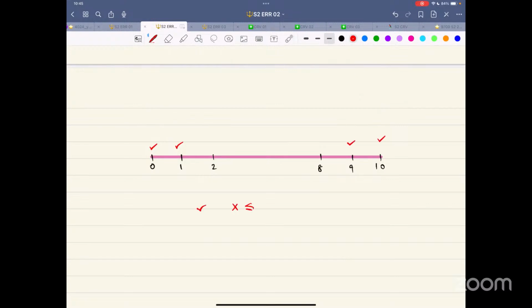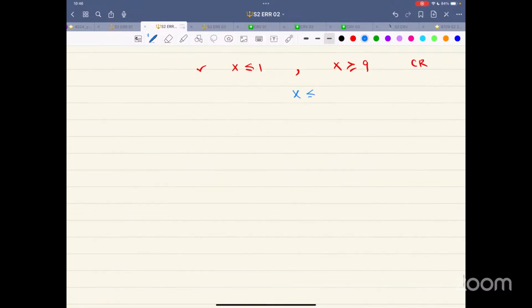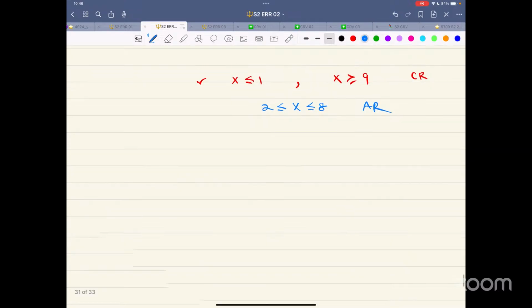So x less than or equal to 1 and x greater than or equal to 9, this is the critical region. So what is the acceptance region? That is 2 and 3 and 4 and 5 and 6 and 7 and 8. So 2 till 8, the acceptance region is x lies between 2 and 8.